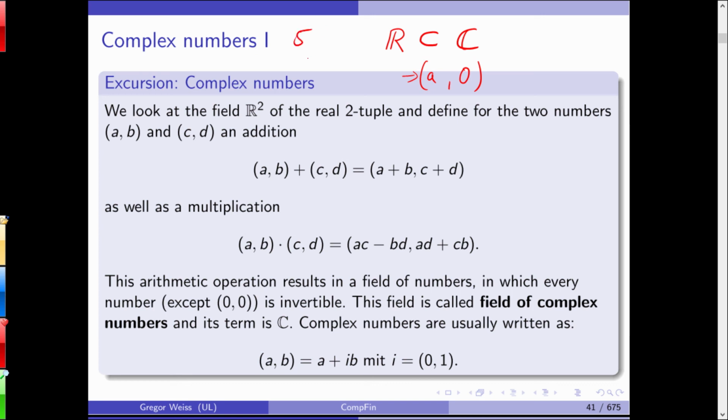For example, if you have 5, you can invert it when it comes to addition, or you can take 5 and invert it relative to multiplication. And the complex numbers are quite fascinating. First of all, you can also write the complex numbers not like (a, b), but you write a plus i times b, and i is the so-called imaginary unit, die imaginäre Einheit, in the complex numbers, and it's (0, 1).